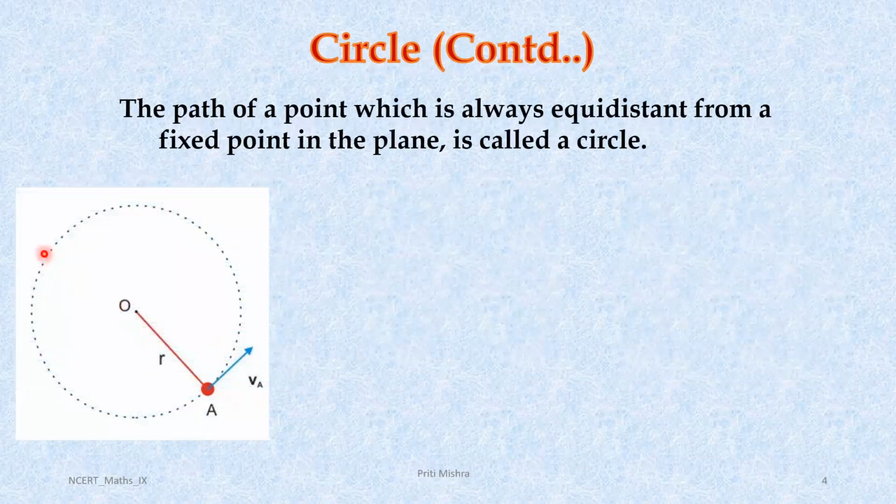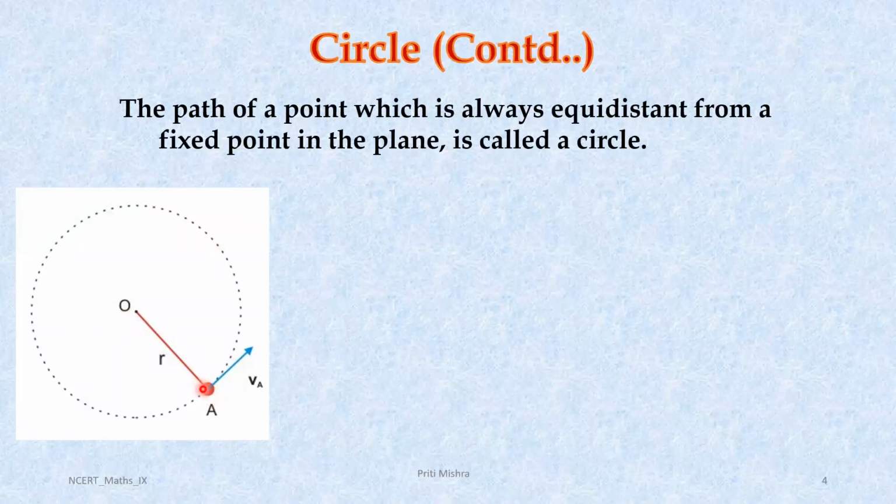So in this figure you can see O is a point and another point we are having A. If we are moving point A with respect to O, then we are getting a path like this. And the point is that this distance must remain same all the time.